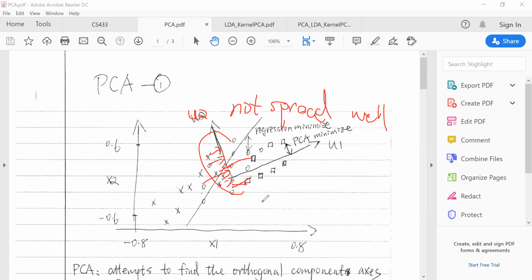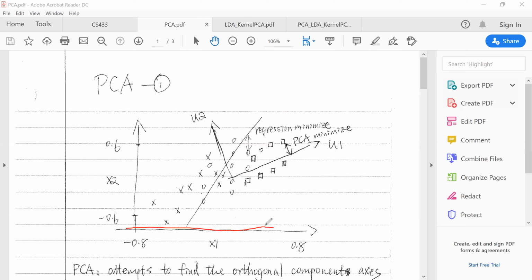They are all kind of crumbled together. So if you want to separate the data among them, it's not that good. And the same thing if you take a look along the previous feature space, it's also not as spread as U1.